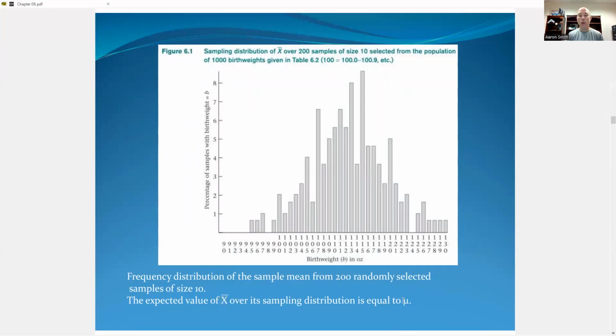So mu here is the true population average of the data we're taking numbers from. Now, we don't actually know what mu is. We're trying to estimate it. It works out that if I take the sample average, then the expected value of that sample average will be equal to the population average of the data we're selecting from. It will be an improvement on our estimate over the regular data that we have.